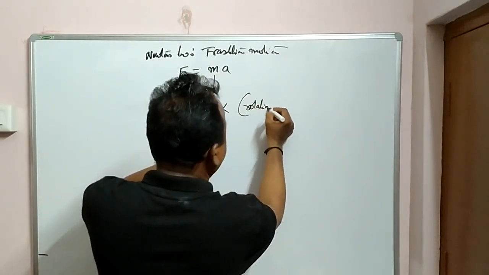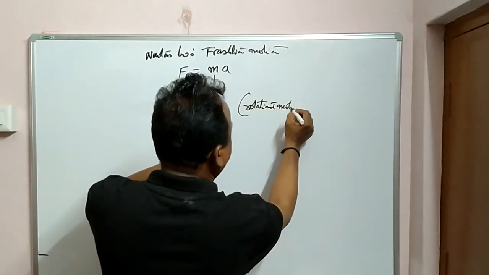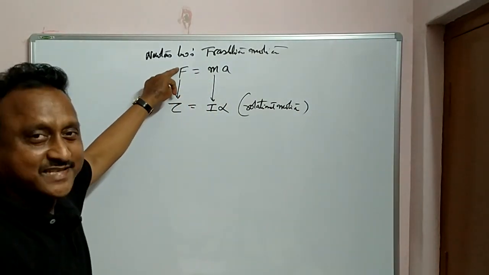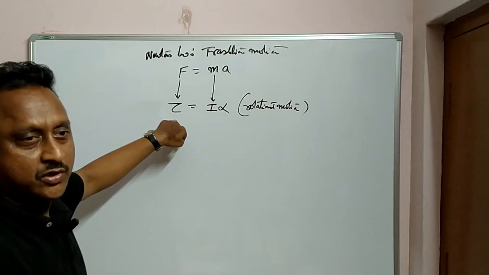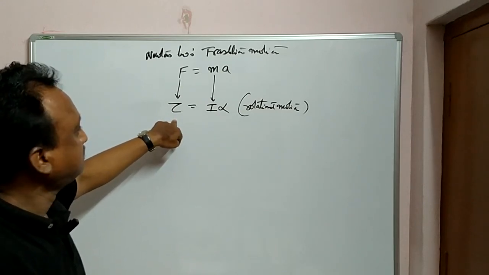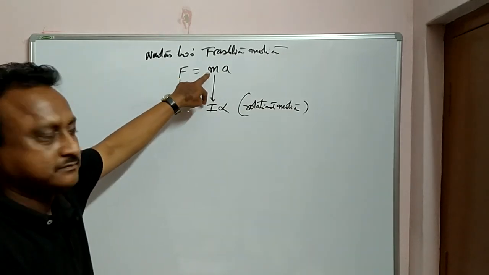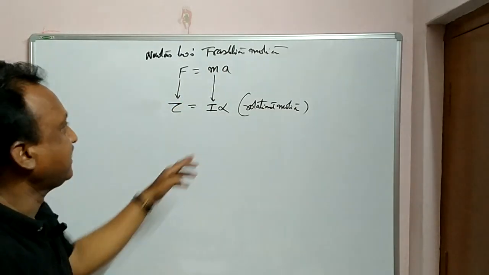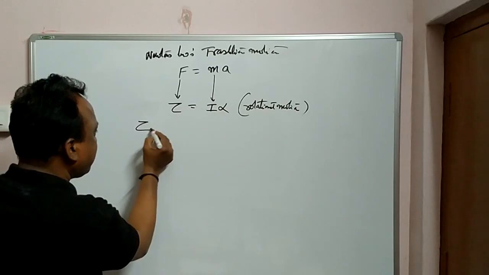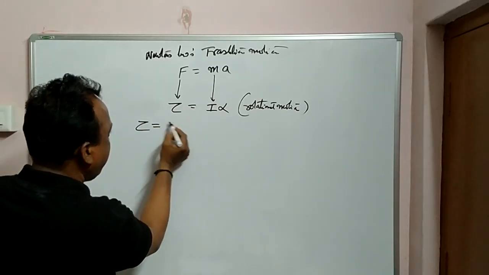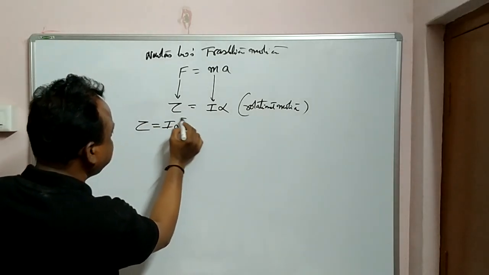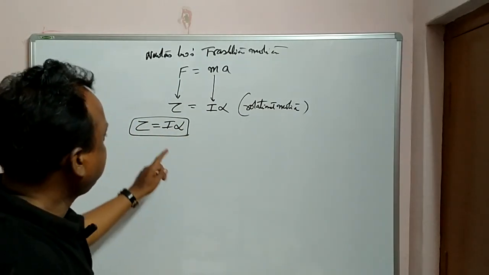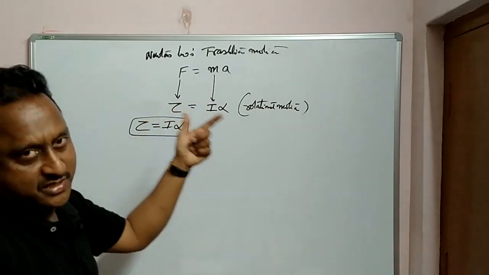In rotational motion, the Newton's law formula goes like this. In the place of force, torque, tau. In the place of m, I, moment of inertia. In the place of a, alpha, angular acceleration. Therefore, Newton's law can also be written as torque is equal to I alpha. Okay, so this is the formula for Newton's law in rotational motion.